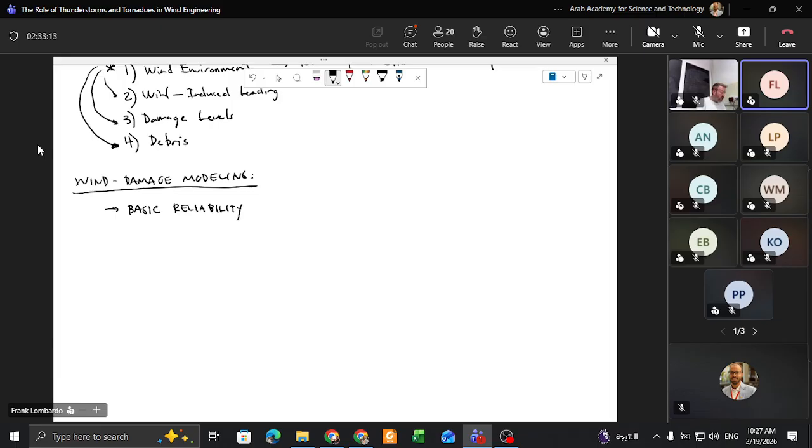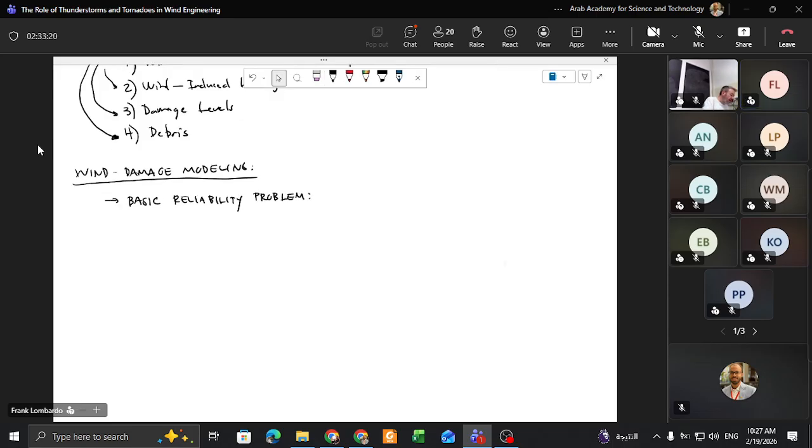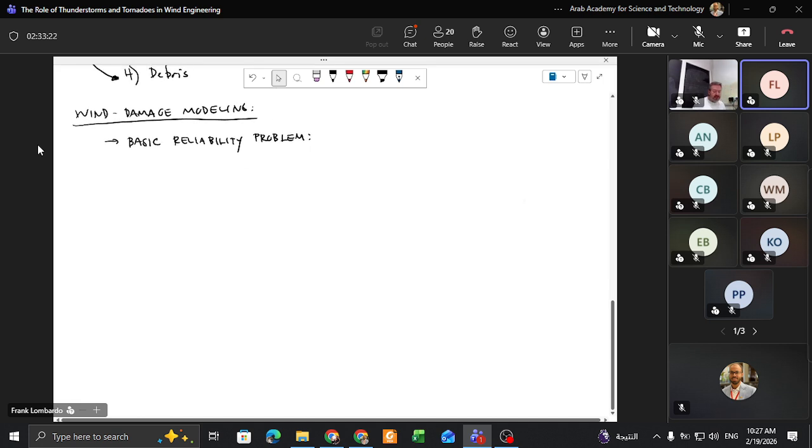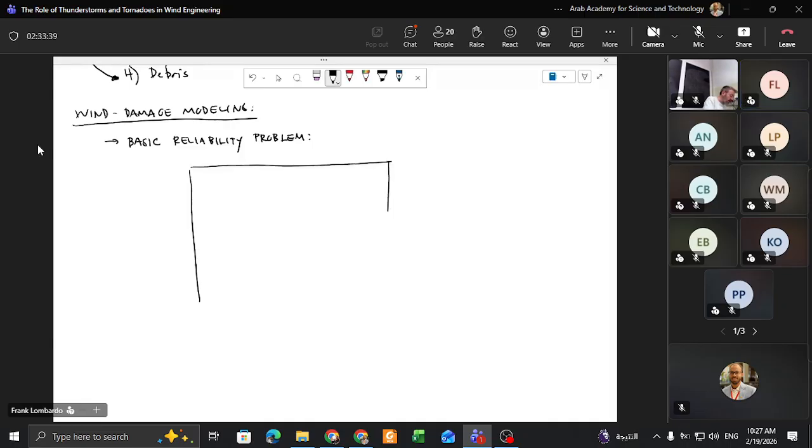There's a whole subfield called structural reliability, and it's very probabilistic and statistically heavy, with methods of estimating things like the damage to structures. So the basic reliability problem looks something like this. It's going to be easy conceptually to figure out.